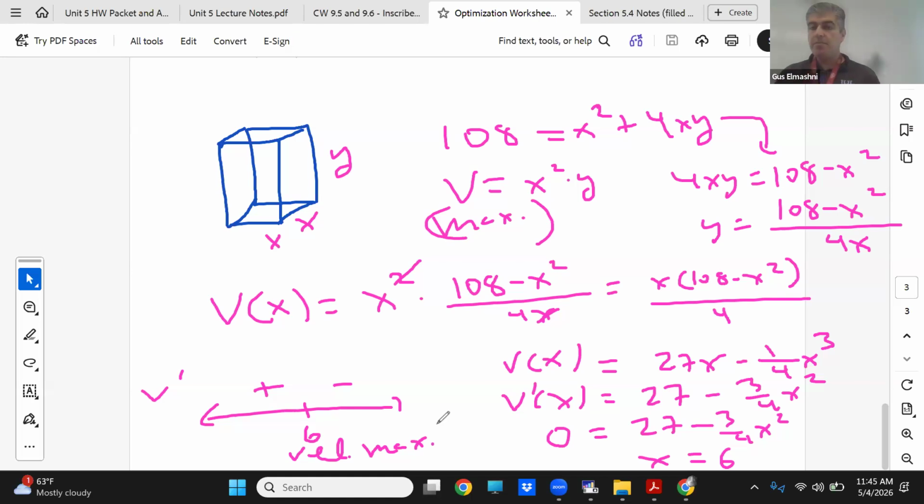And x could be, actually, because y can't be negative, you don't want x to be too high. If x is too high, then y is negative, right? So it can't be more than root 108, because physically if y is negative, that makes no sense. So I know my domain.